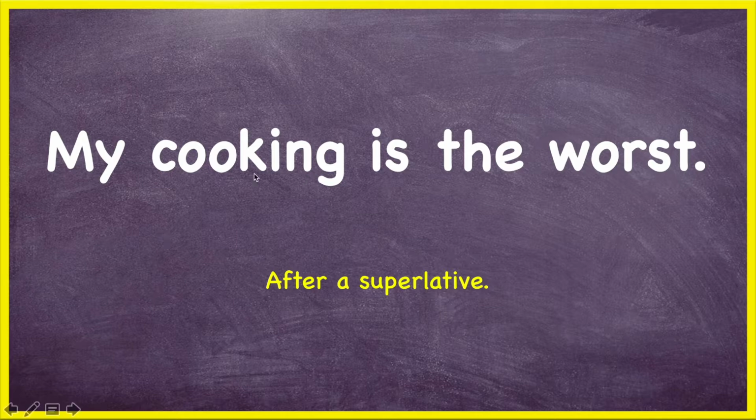Now again, remember you can put it at the end instead of the beginning. So you could say, mine is the worst cooking. But again, that could confuse people. So this one makes the most logical sense. It makes the most sense for someone to keep up with what you're saying.